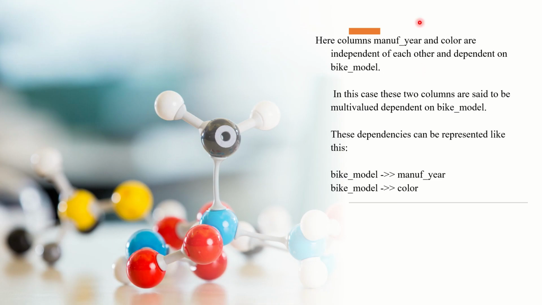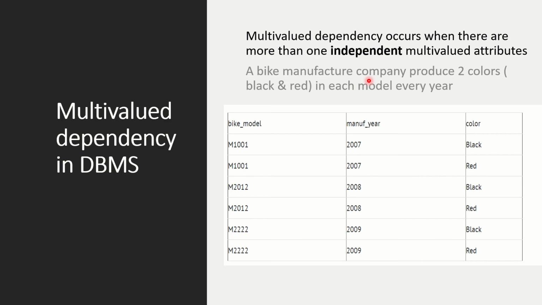So what we are going to explain is that if you are considering this example, the manufacturer year attribute and the color attribute are independent of each other, but they depend on the bike model.